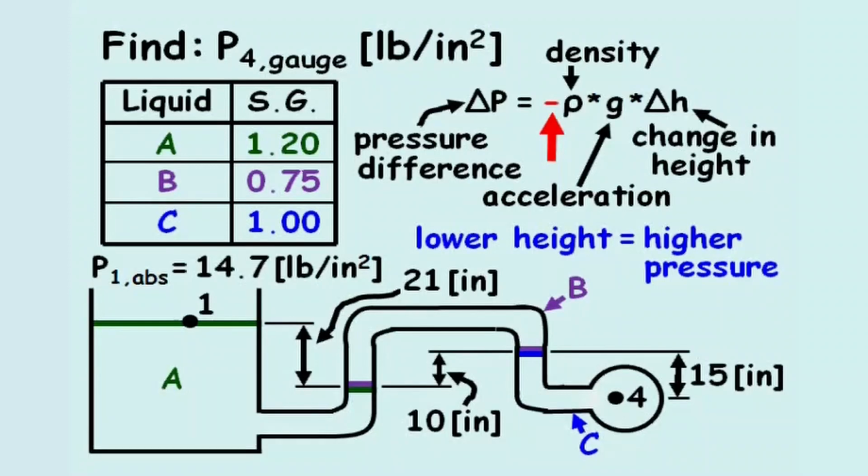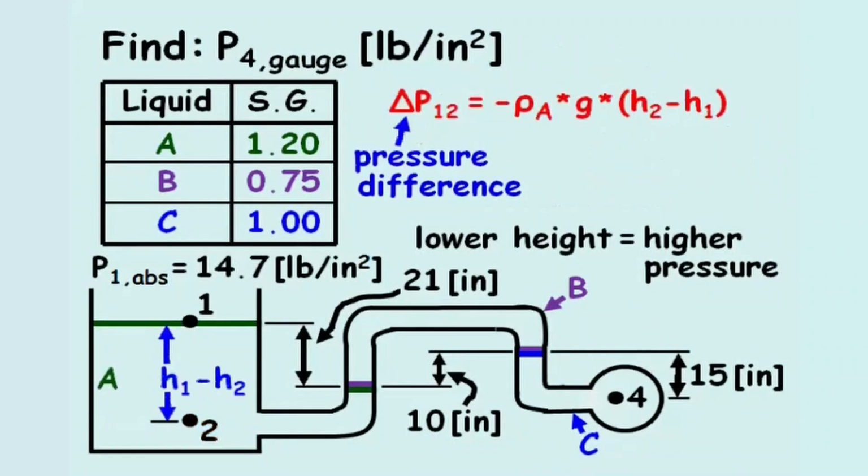For example, if we want to know the pressure difference between point 1 and a second location, point 2, then the pressure difference, delta P 1,2, equals negative rho A times g times the change in elevation between points 2 and 1.